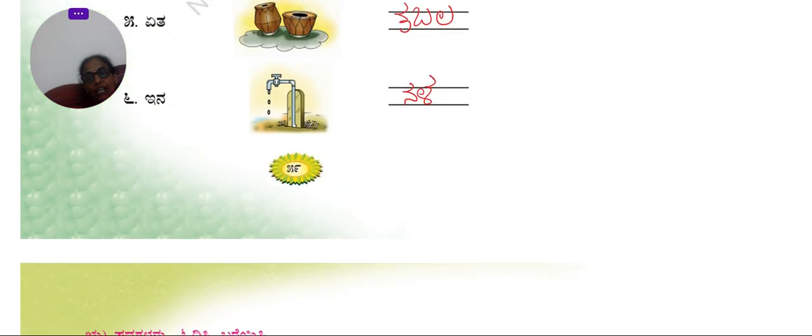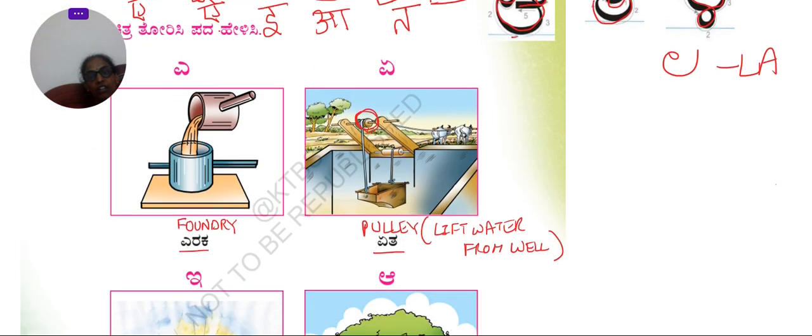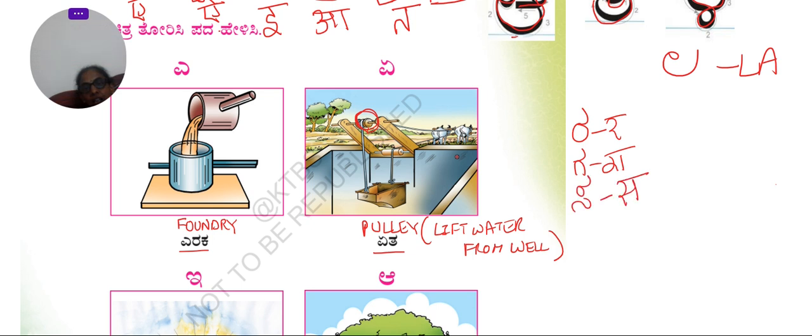Now let us do a quick recap, because in the beginning of the lesson I did not do a recap of the alphabets we had seen so far. All the alphabets from 1 to 5 we will see. In the first lesson we did Ra, Ga, Sa, Da and A. Okay, this was lesson 1.